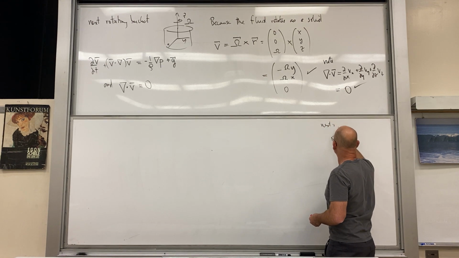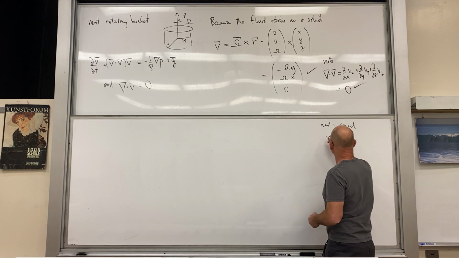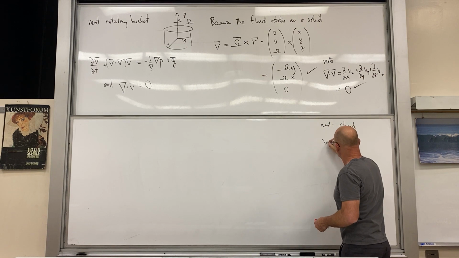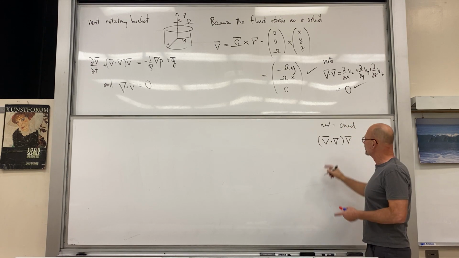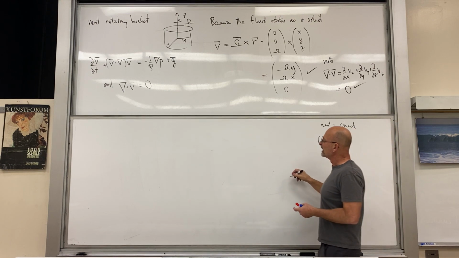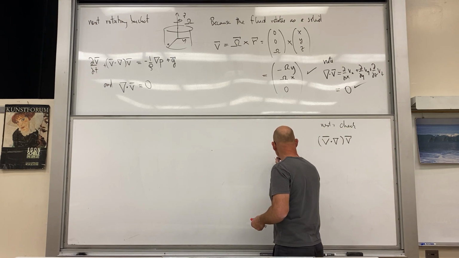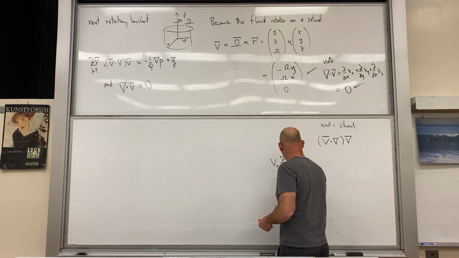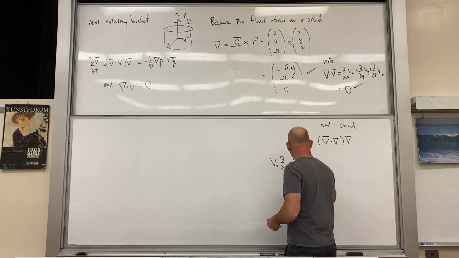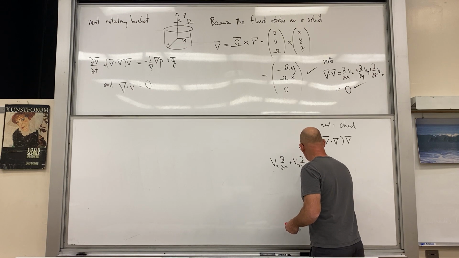Next, check V dot grad V. So this, of course, is a vector, and we would have Vx d over dx plus Vy d over dy.